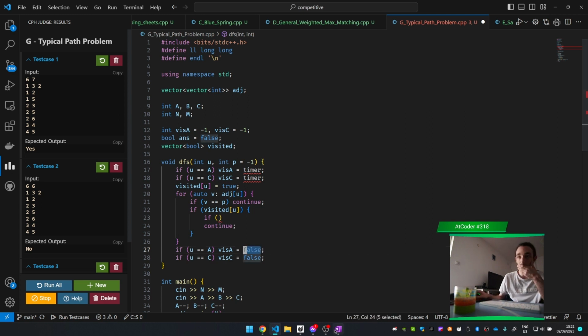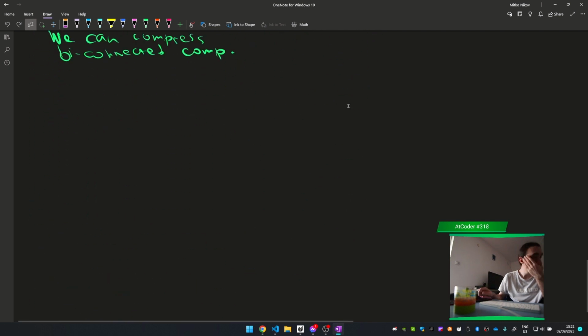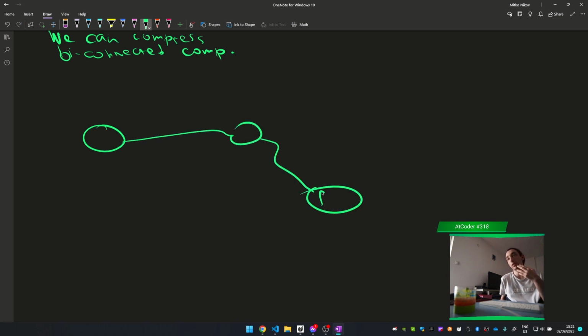But what if there was something like this? Then you go to some node, you visit A, then you visit C, and this node here.